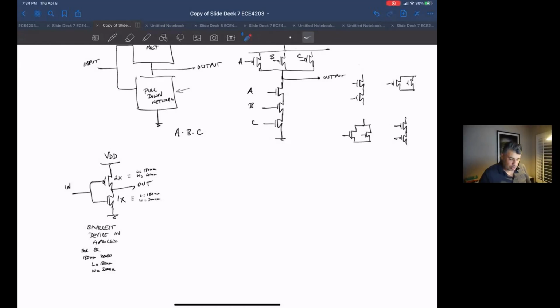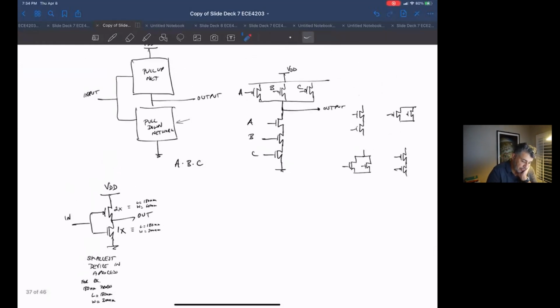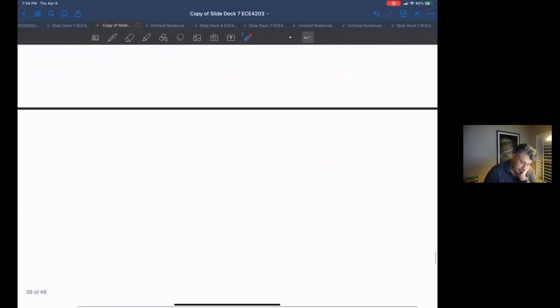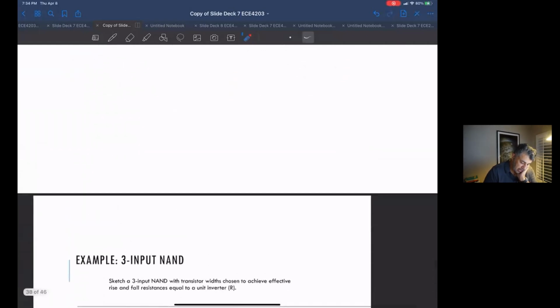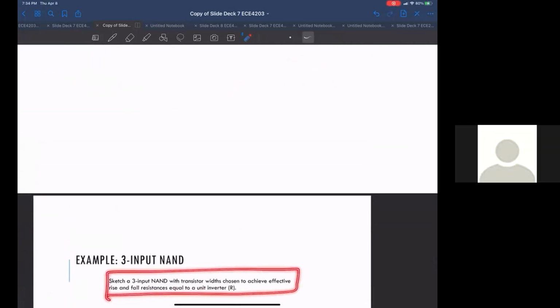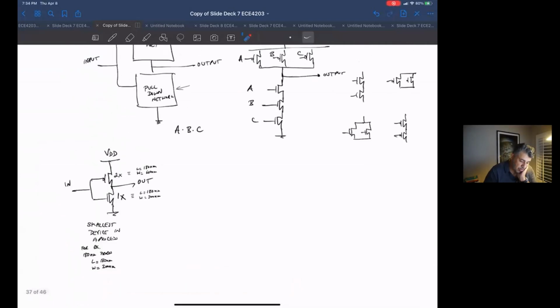Okay, so we want to size this guy. We want to have the same rise and fall resistances. So let's look at the pull downs. We just look at the pull down.